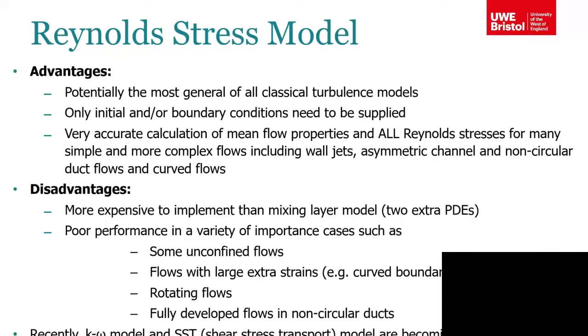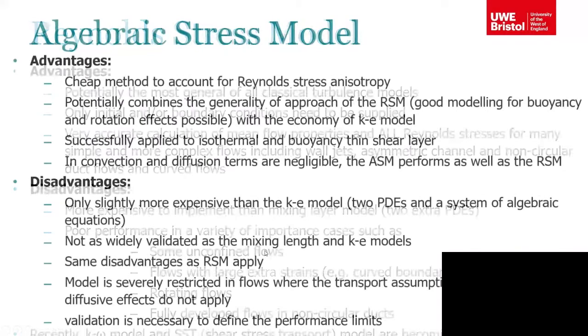Reynolds stress advantages: potentially the most general of all classical turbulence models. Only initial and boundary conditions are needed. It's more difficult to implement and more expensive. Again, not good in certain cases, Reynolds stress also.